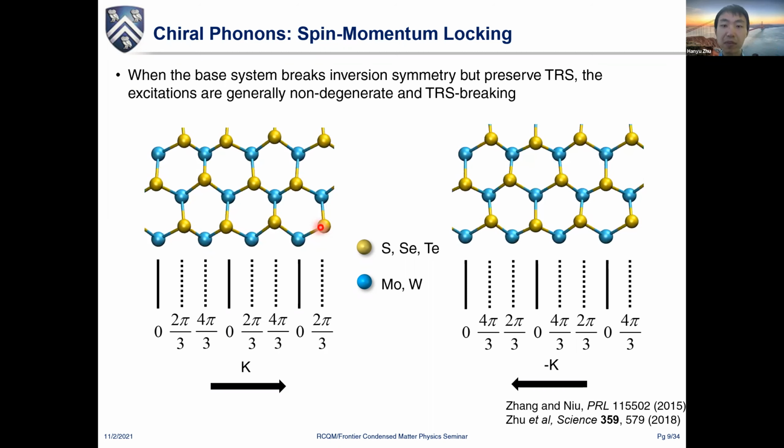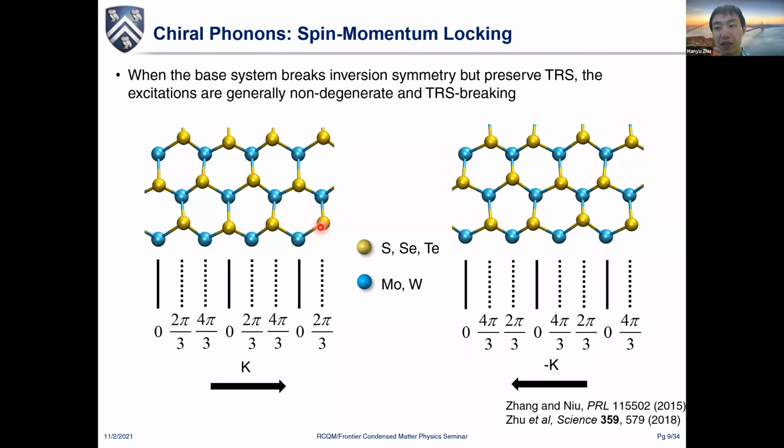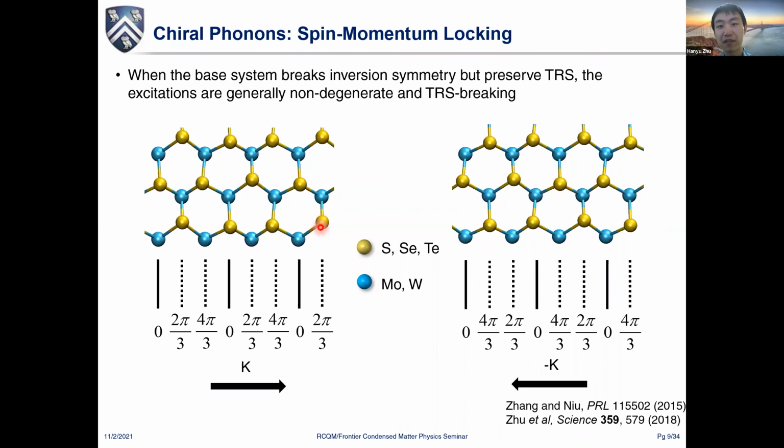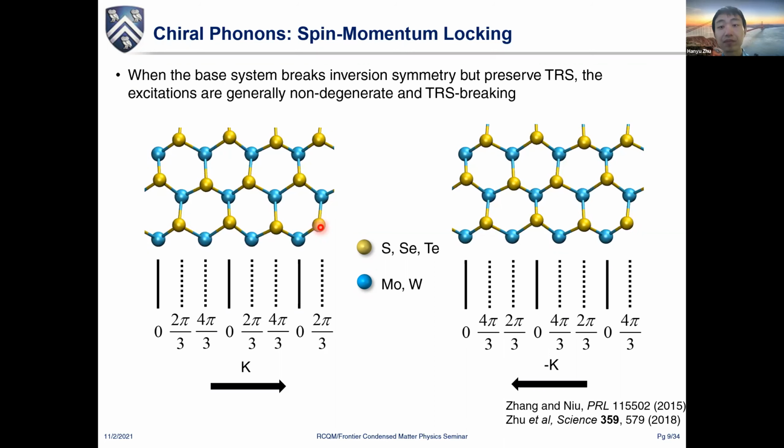But sometimes people ignore this effect because most people don't really care about how the lattice displacement looks, right? They only care about what the phonon dispersion is, what the transport properties are.